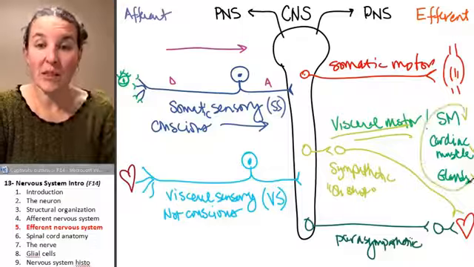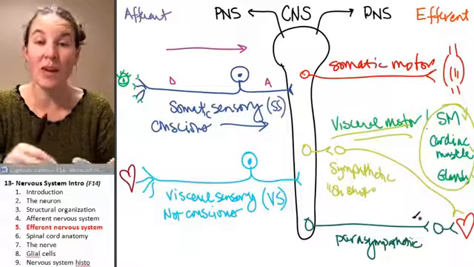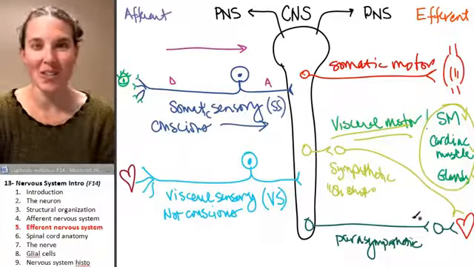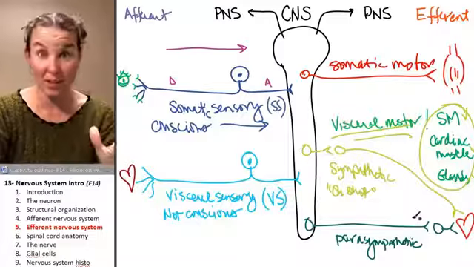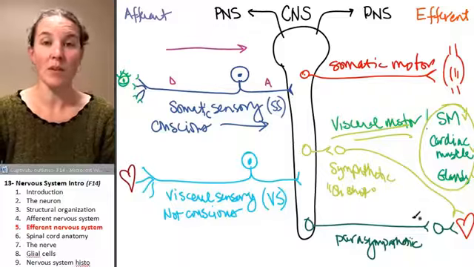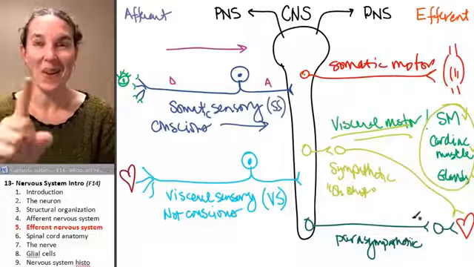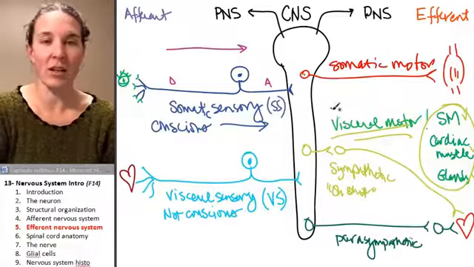All of these effectors are innervated by both sympathetic and parasympathetic fibers. We're going to spend a whole lecture talking about that, going into the details of the anatomy and the physiology of just the visceral motor system. Look at that pretty picture. I love that. Okay. You might think, let's call it good.